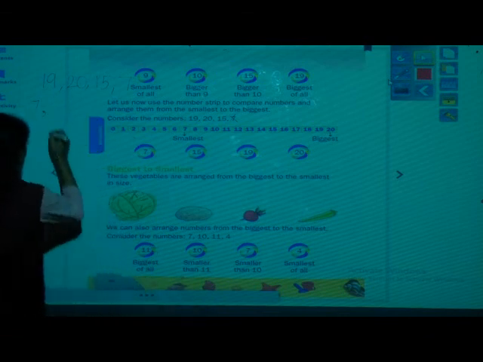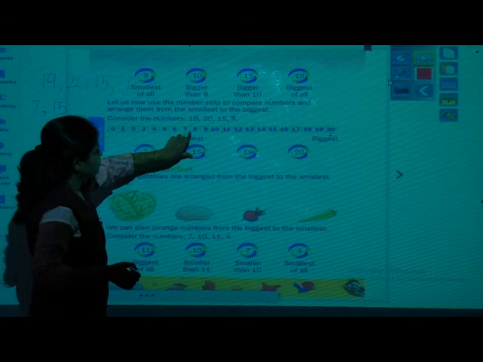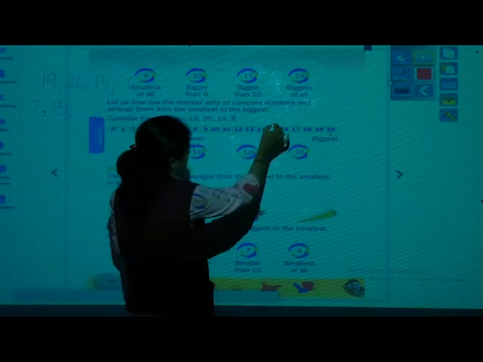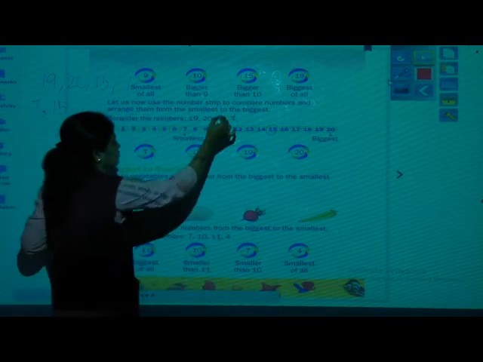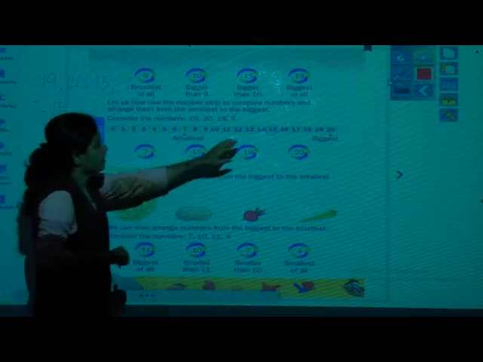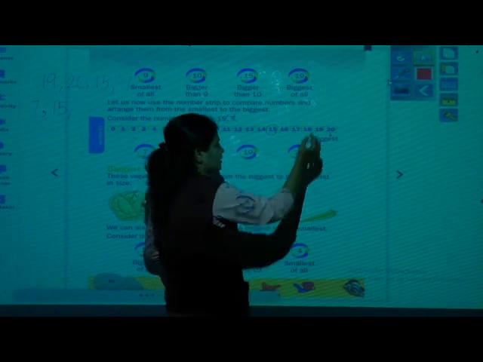15. Okay, so 15. See, after 7, which number is there? 15. So 15 will be bigger than 7. 15 also went. Now 19 and 20. Yes, after 15, 16, 17 and 18 and here 19.